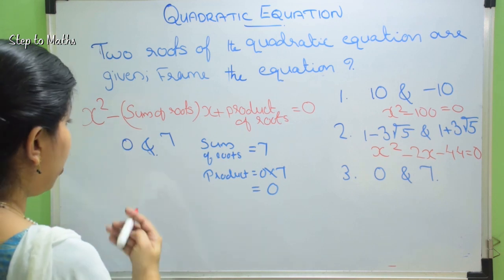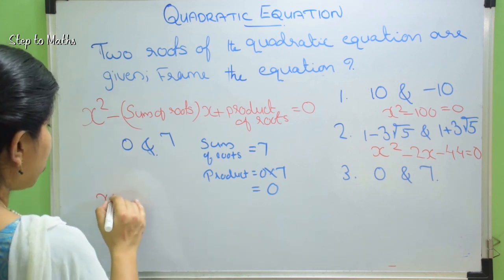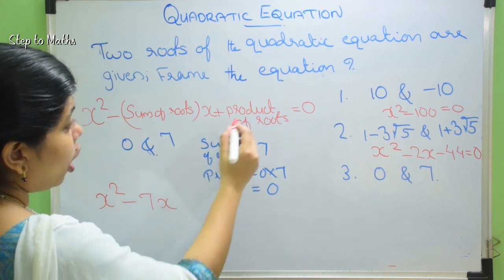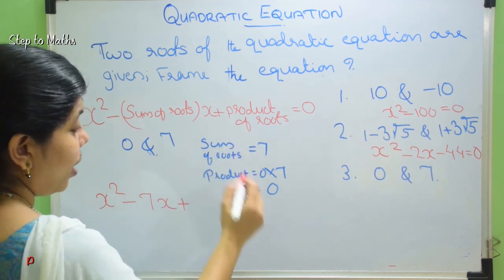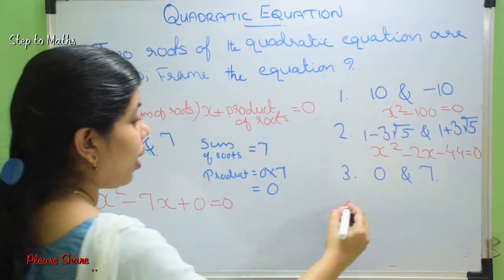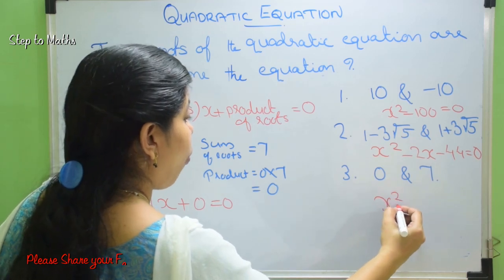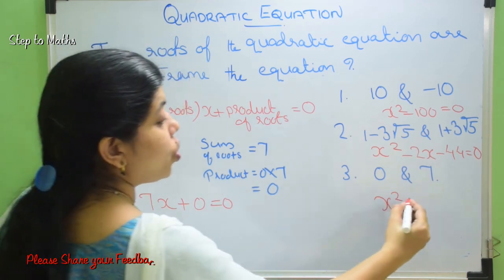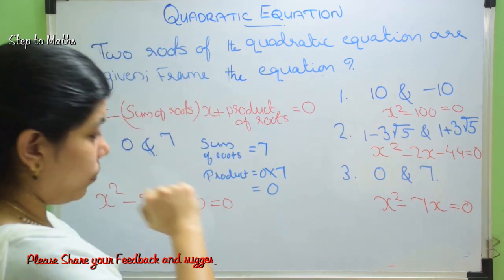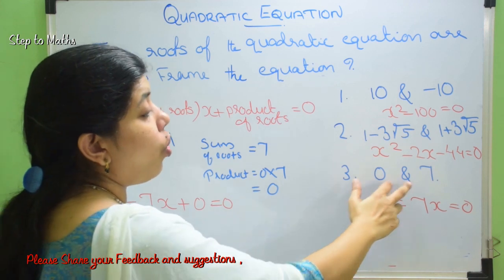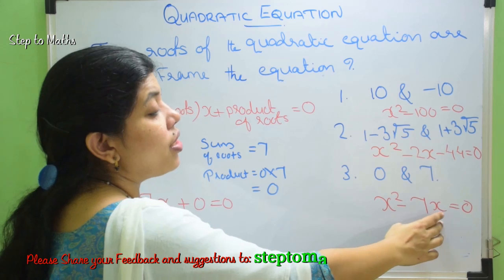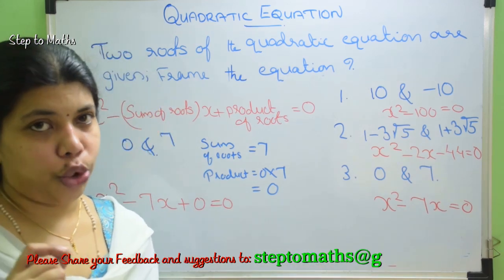Then its corresponding quadratic equation is x square minus sum of roots 7x plus product of roots 0 equal to 0, or we can write x square minus 7x equal to 0. We can say that 0 and 7 are the roots of the quadratic equation x square minus 7x equal to 0.